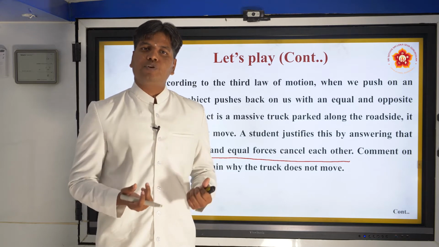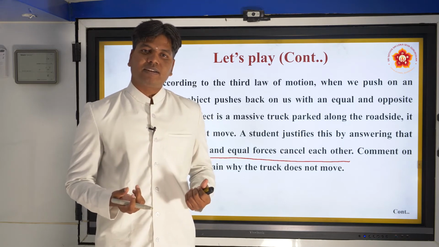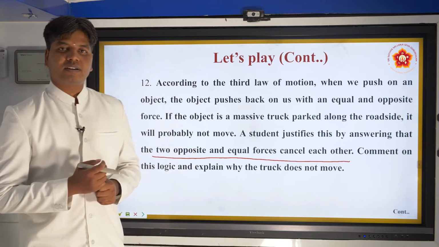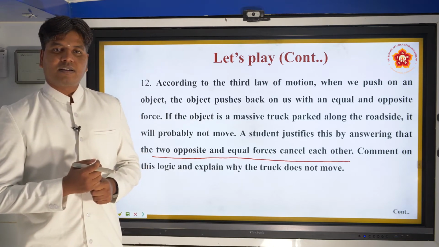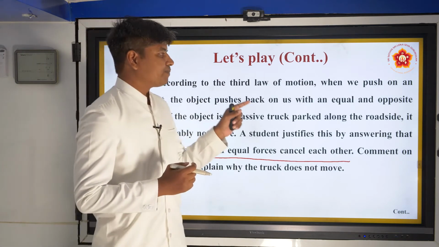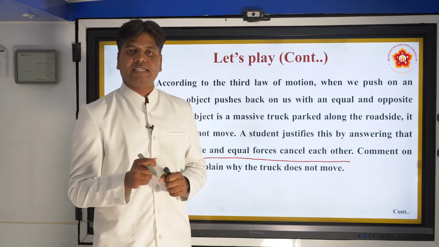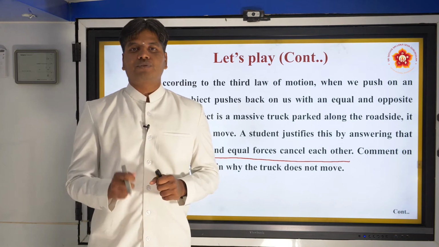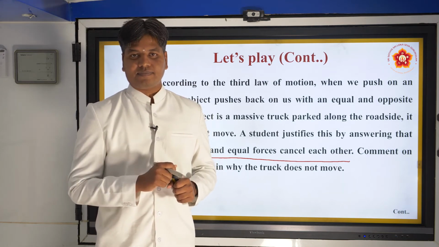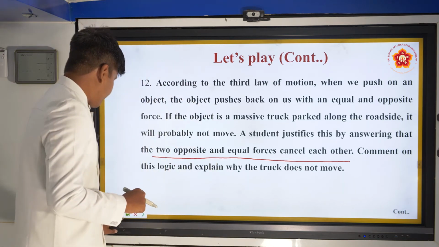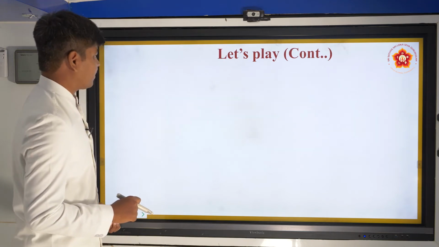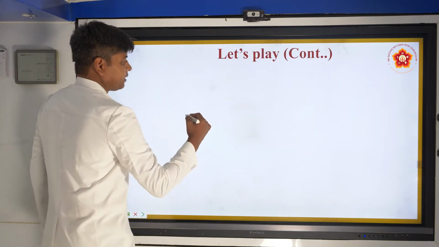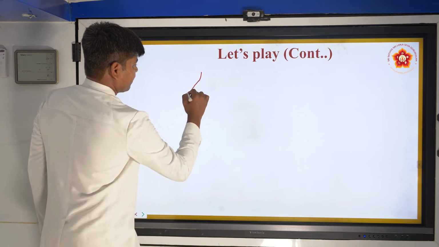Then you should not be able to move the chair either, right? This question hits a common misconception, that we tend to think that action and reaction forces cancel each other. Let us go and explore it. Now, this is a truck.